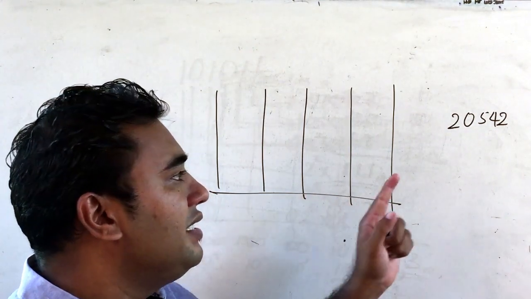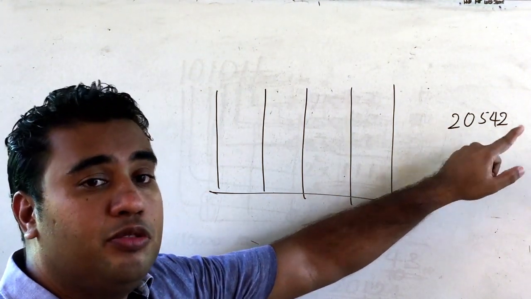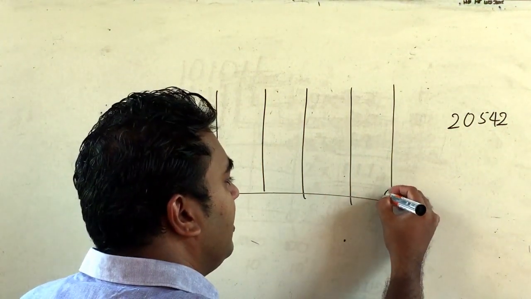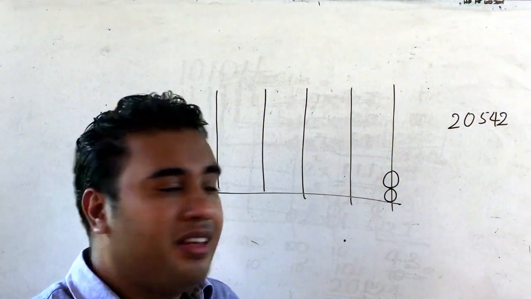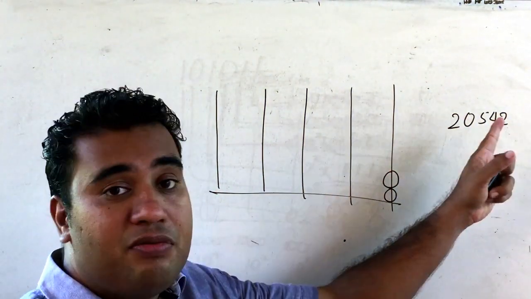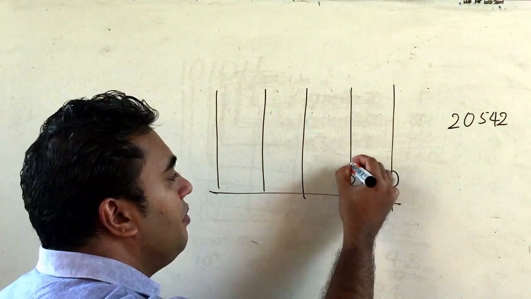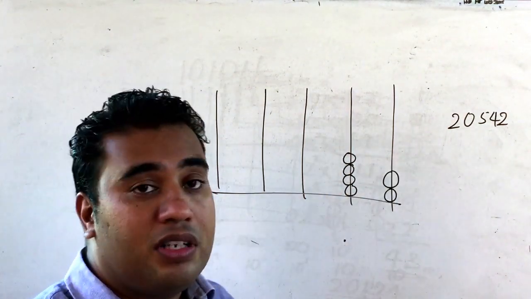In this, the rightmost value is 2. So, in the counting frame, we represent that 2 by 2 balls. And the immediate next one is 4, and here we represent it by 4 balls. And the next one is 5.